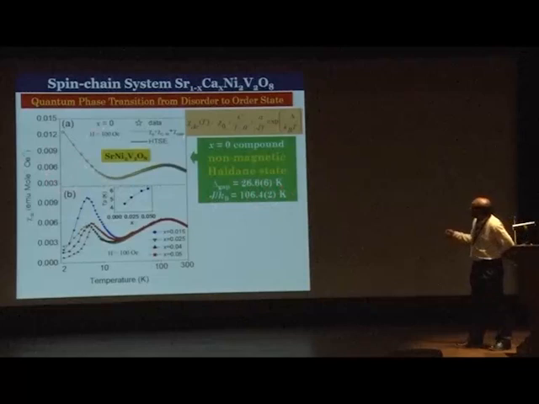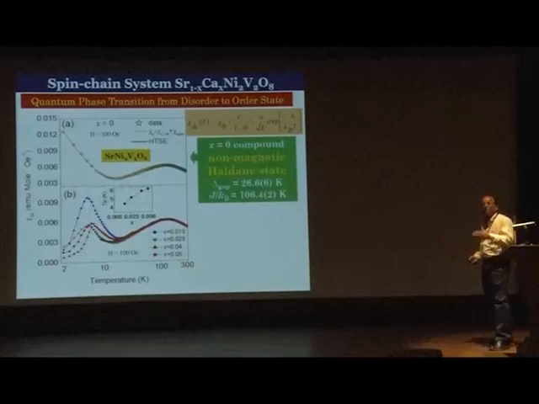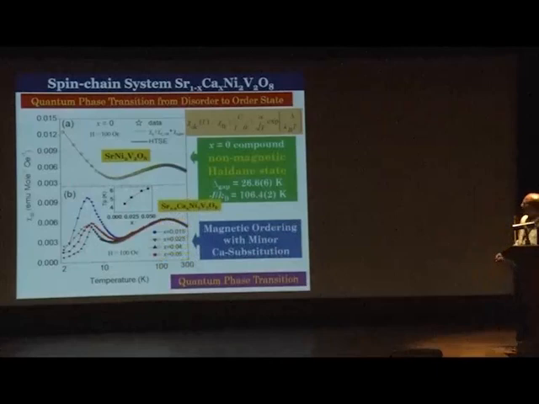And when we substitute this strontium by calcium, depending upon the composition, whether it's 0.015, 0.025, 0.04, or 0.05, we do see the appearance of this peak. And I will show that this peak temperature increases as you substitute more and more calcium. I will show that this is a signature of spin glass or cluster spin glass from the experimental analysis.